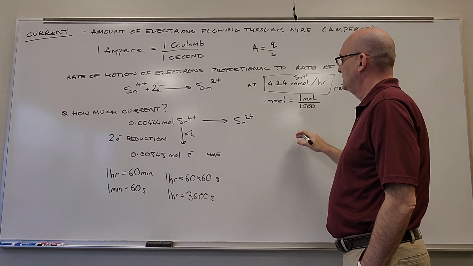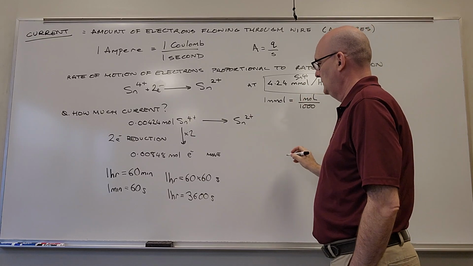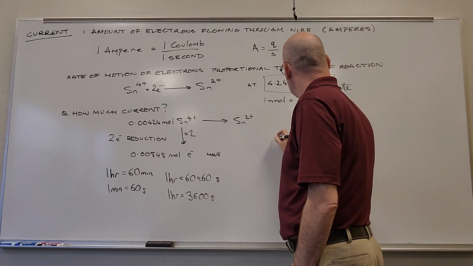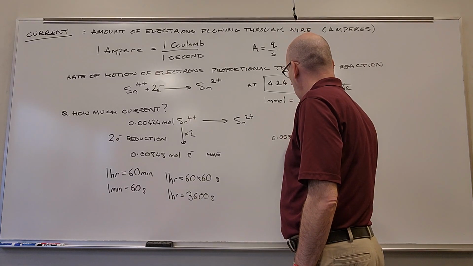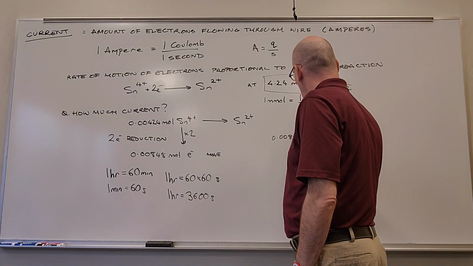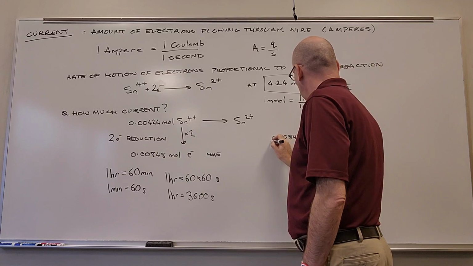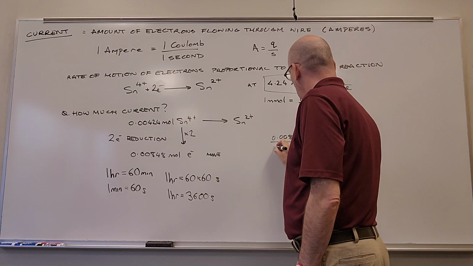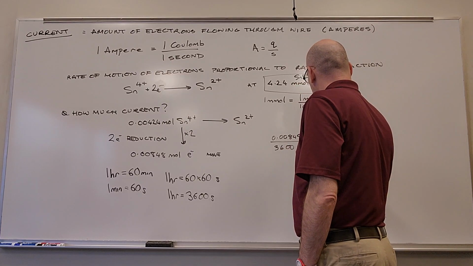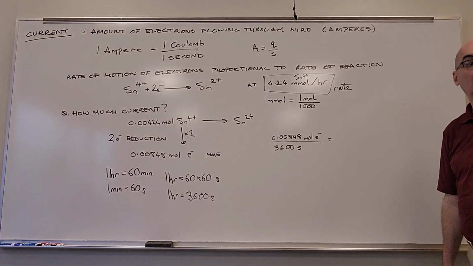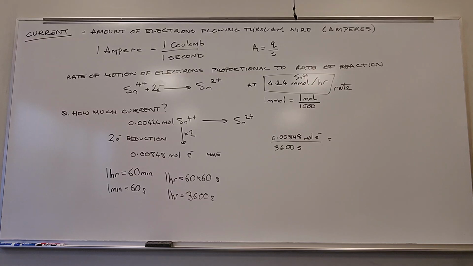That makes it a rate. Convert that to be 0.00848 moles of electrons moving every 3,600 seconds. Gives you the rate at which the electrons are moving.